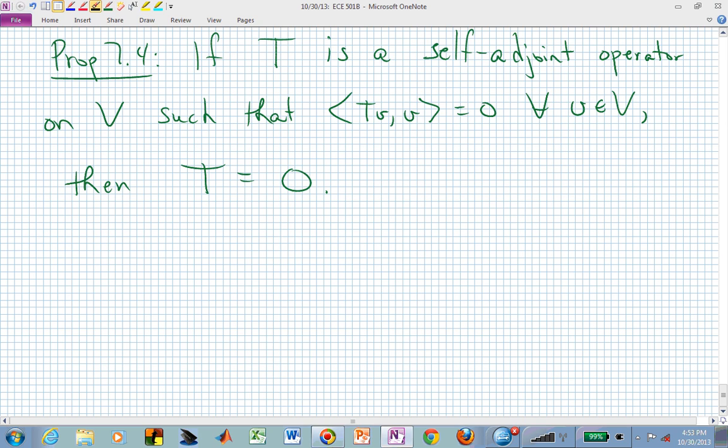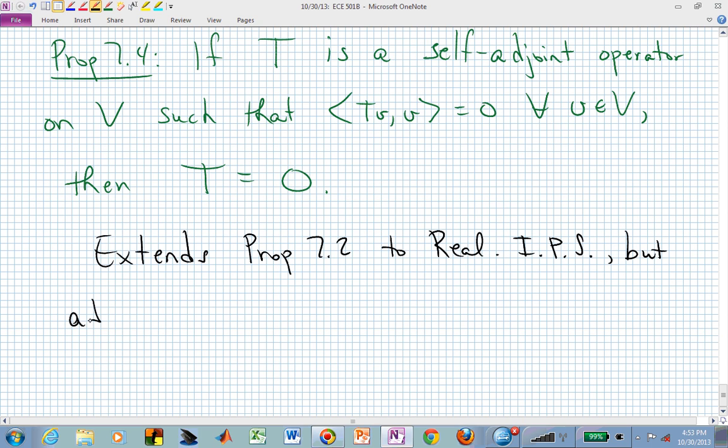Meaning this proposition extends Proposition 7.2 to real inner product spaces, but adds the requirement of a self-adjoint operator.